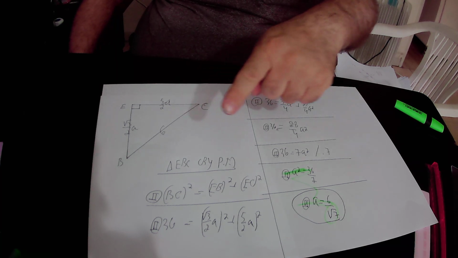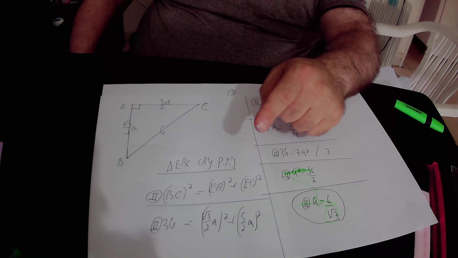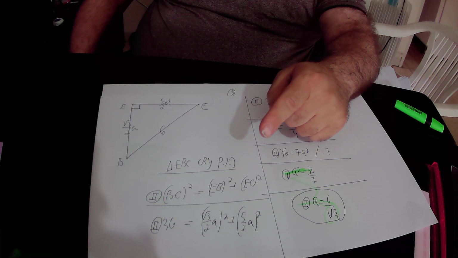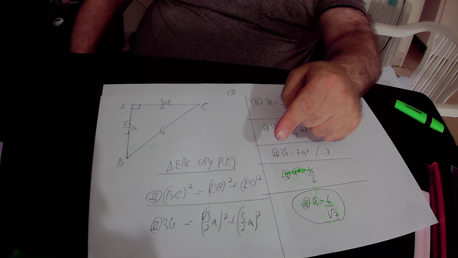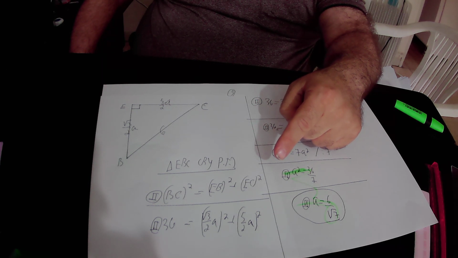BC equals 6, so BC square is 36. EB is square root of 3 over 2 times A, so EB square is square root of 3 over 2 times A, squared, plus CE square. CE is 5 halves times A, so CE square is 5 halves times A, squared.